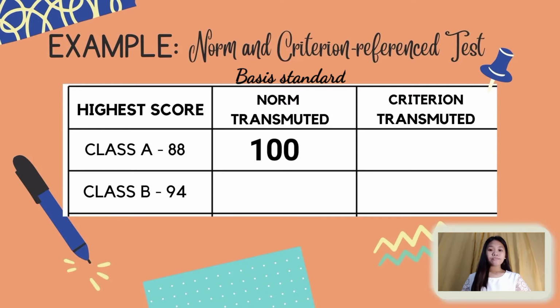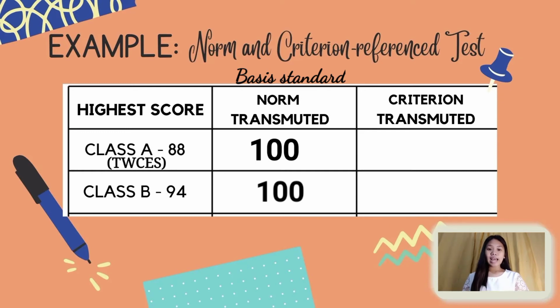So you will give the scaling score to the highest scorer. Same as in Class B. If 94 is the highest, meaning the highest scorer will receive or get the scaling grade of 100. So let's say for instance, the Turlock West Central Elementary School would be the Class A.